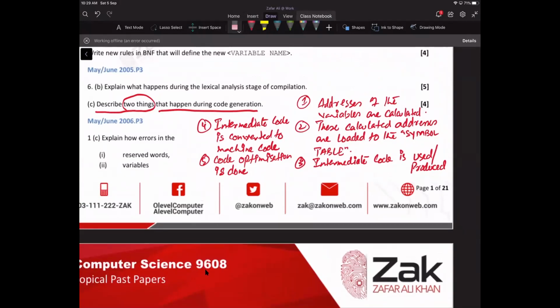This is May-June 2006. Reserved words are the words which are given by the language. Let's say we have one statement: dim a as integer. Dim, as, and integer are reserved words because they are given by the language to us, and a, which we have chosen, is the variable.